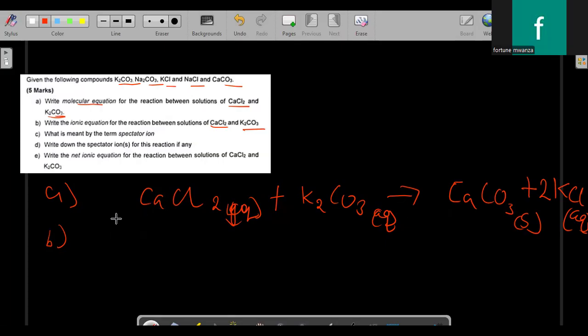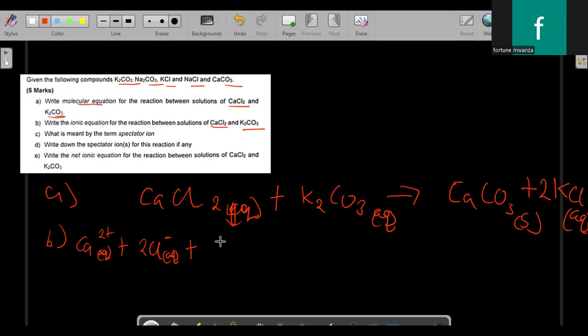Start from here. You have your calcium chloride, so I'll dissociate it into my calcium ion, which is 2 plus in aqueous solution, plus my 2 chloride ions, which is minus, also in aqueous solution. Then plus, I go to potassium carbonate.